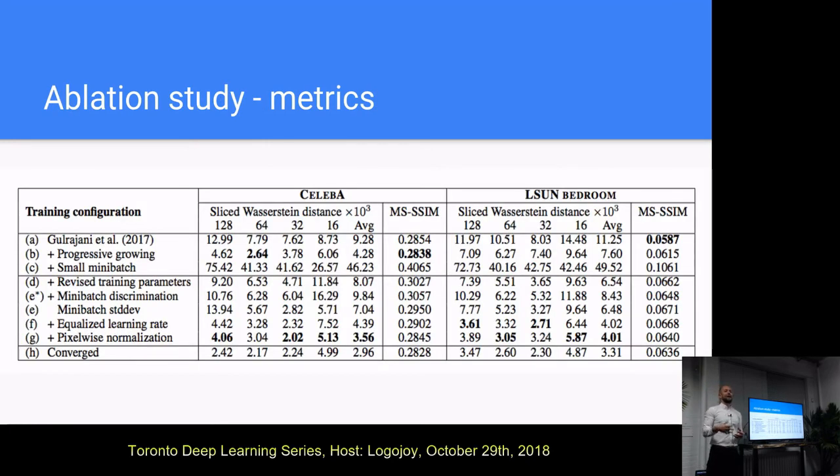The authors present an ablation study where they evaluate the contribution of the different modeling techniques and try to get a sense of what's actually contributing to the results we're getting. This column shows we're using the CelebA dataset, and the CelebA dataset is a dataset of celebrity faces. There's actually a massive contribution in this paper that is in the appendix.